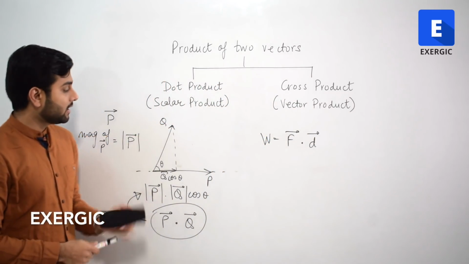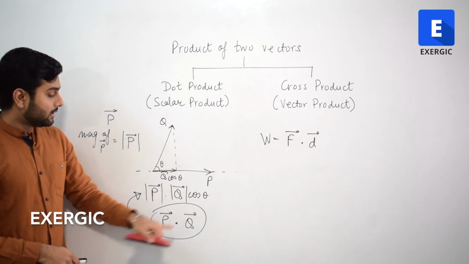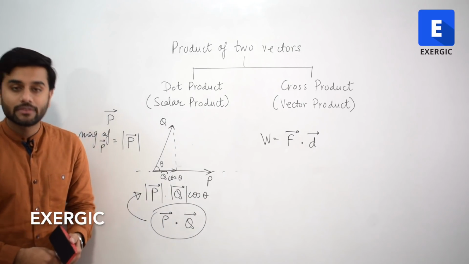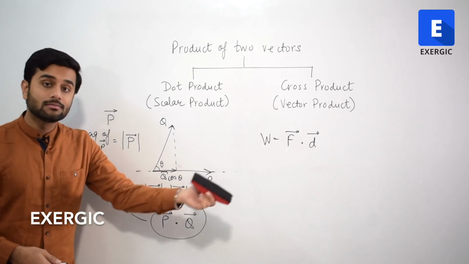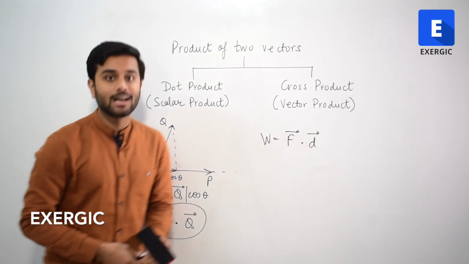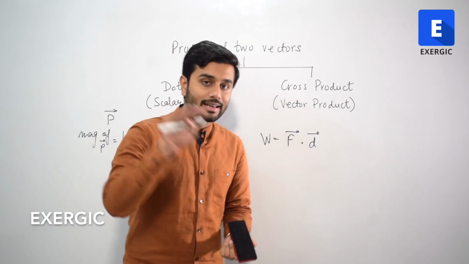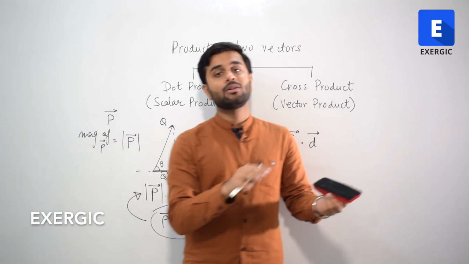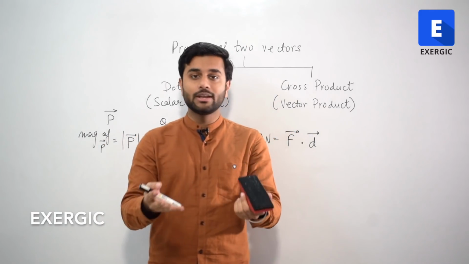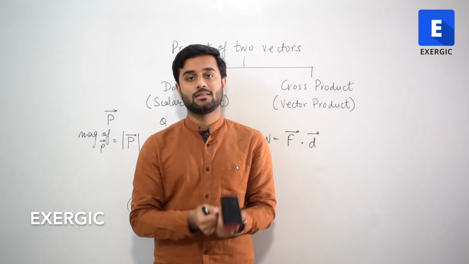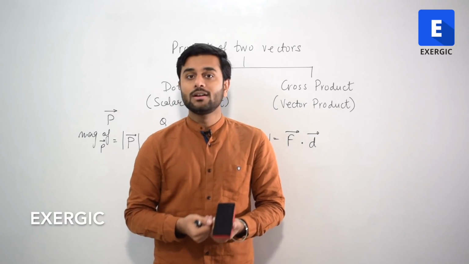And if this theta is 90, then cos 90 will be 0. So their dot product will be 0. So you can say that dot product is such a tool using which you can tell whether two vectors are perpendicular or not.